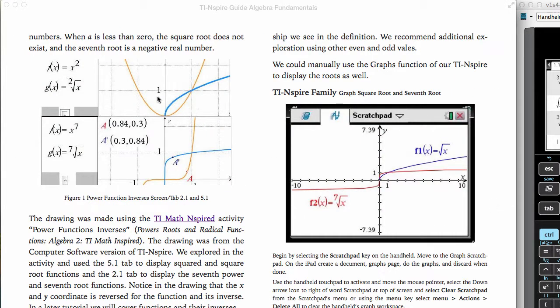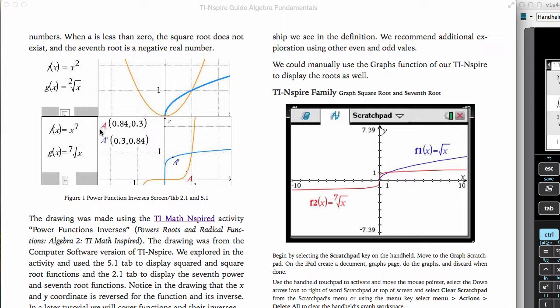We can see pictures of the square root and the raised to the second power in this math activity from TI. In the picture of the graph, there's no negative part for the square root.